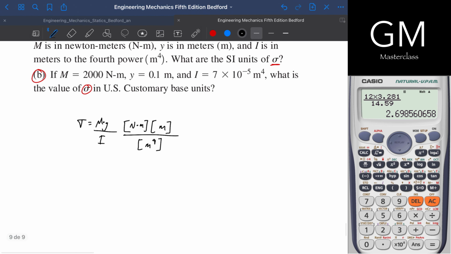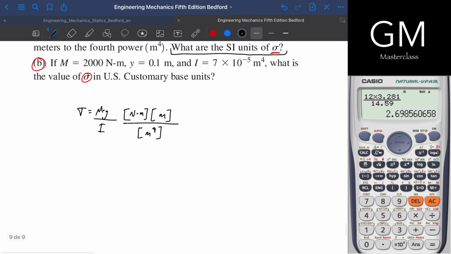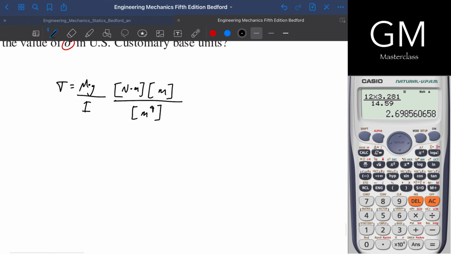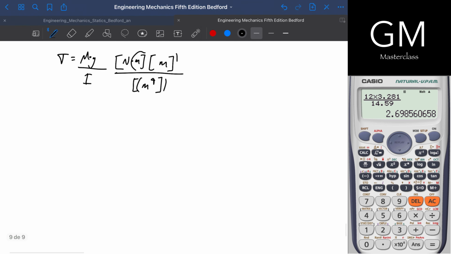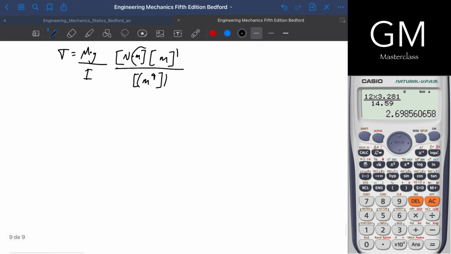Then the first question is, what are the international system units of sigma? Alright, then I just have to play with these meters, which are the principal unit that is actually repeating itself. Then I'm going to eliminate these meters and these meters with two of the meters that I have right here.